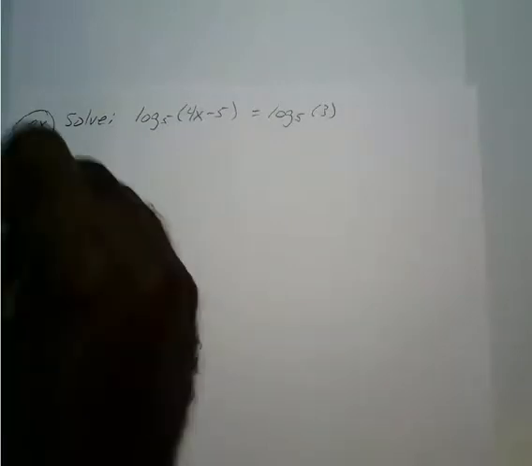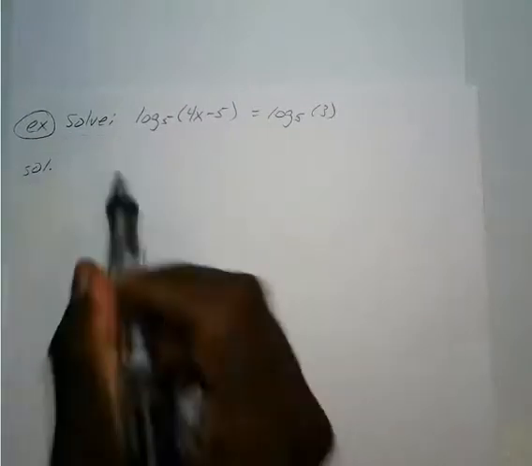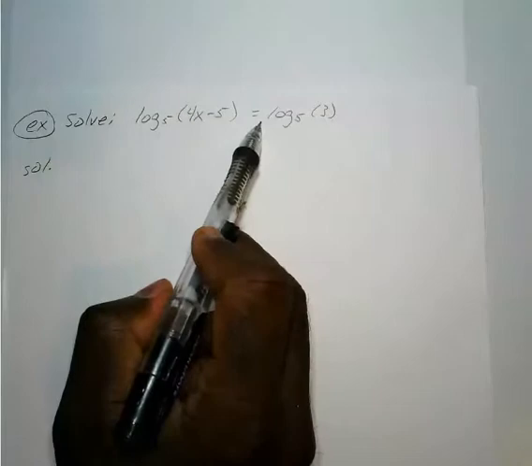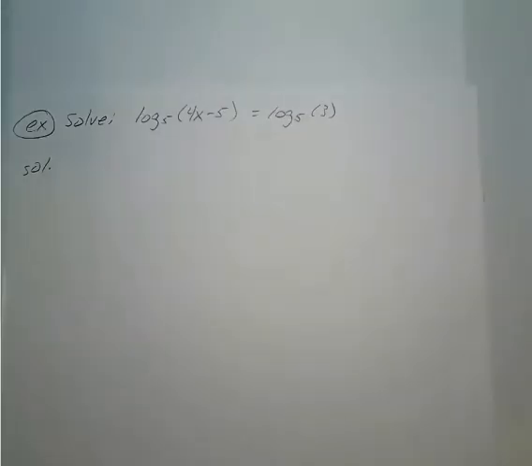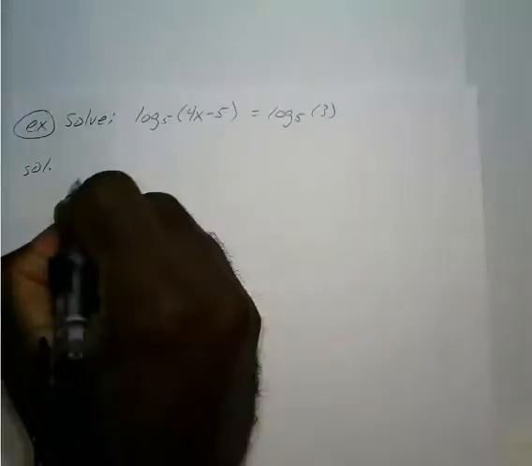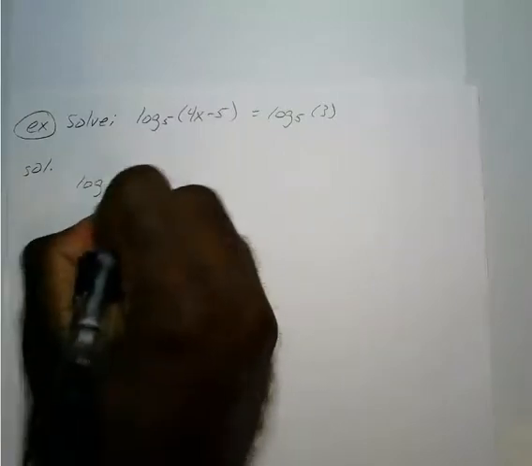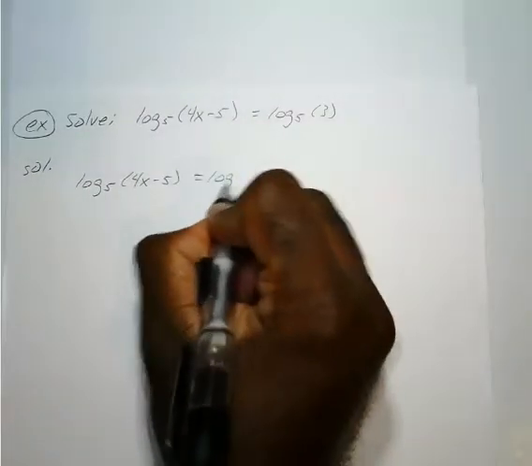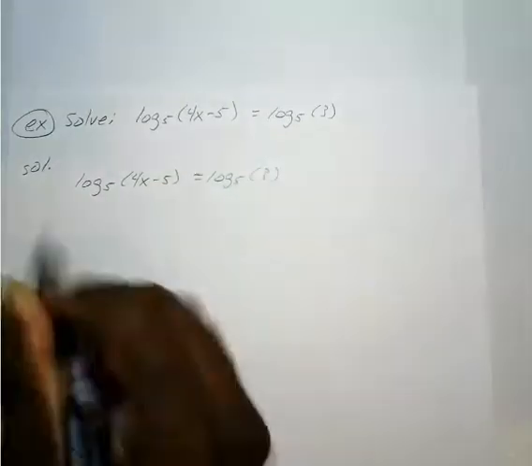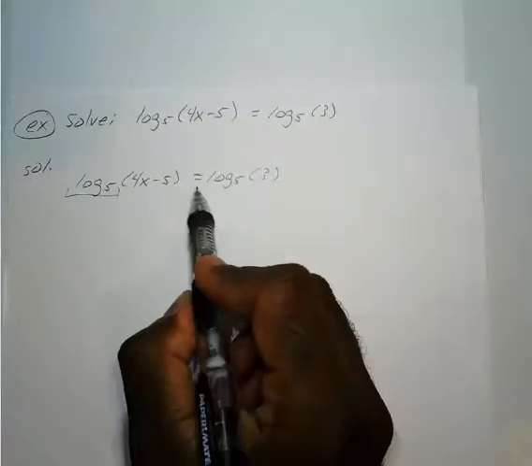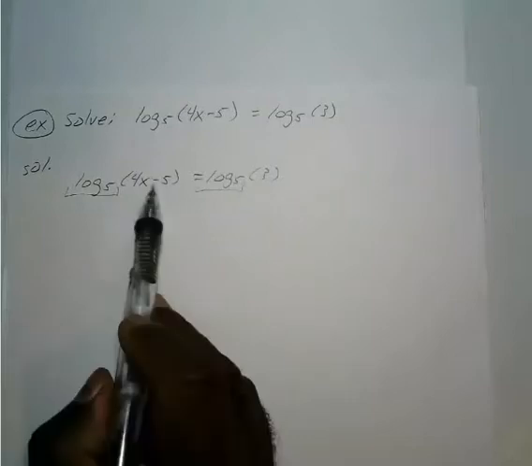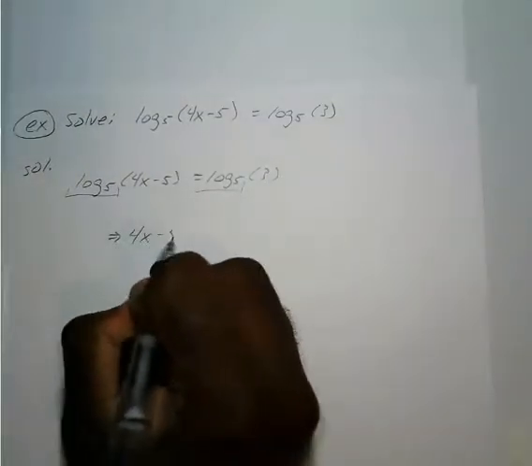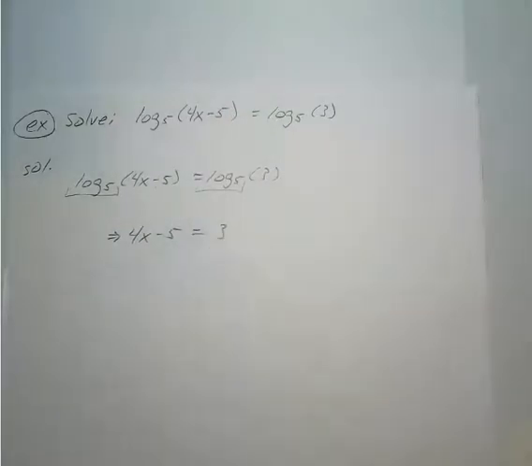All right, so here if you notice, there's no coefficient, so you don't have to worry about the power rule. Okay, so you can just go right past the power rule. So if you have log base 5 of 4x minus 5 equals log base 5 of 3, you have log base 5 and log base 5. So this is only true if 4x minus 5 equals 3.